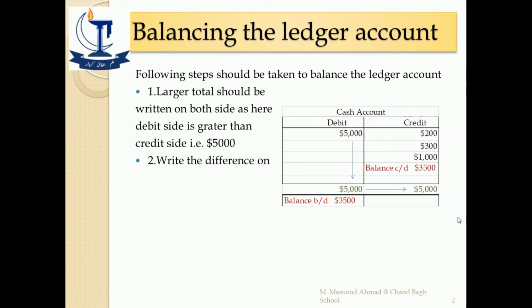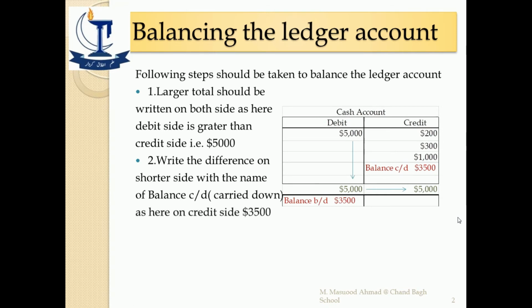Write the difference, which I have written in red as CD, that is 3,500, on the credit side. The shorter side with the same amount is carried down. CD, or carry forward, you can say. In some books they write carry forward, CF. I have written here C/D, carried down, meaning you are carrying this balance to the next period.